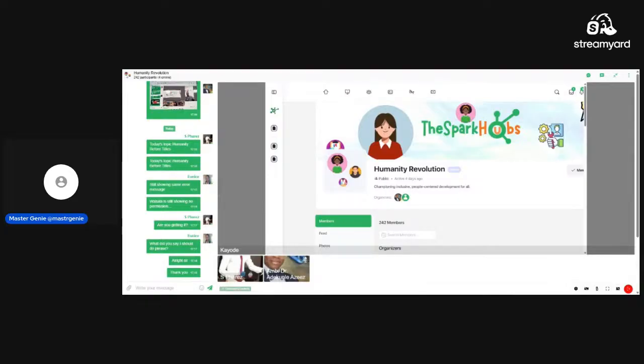You cannot tell me you love trees, but you hate humans. You love pets only, but you don't love humans. You understand? So it's very important. It's one thing we are going to be on the lookout for.